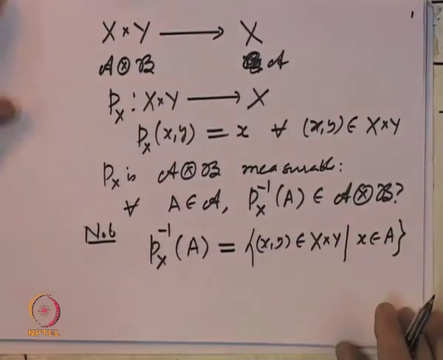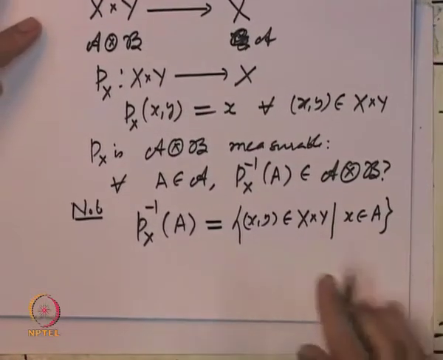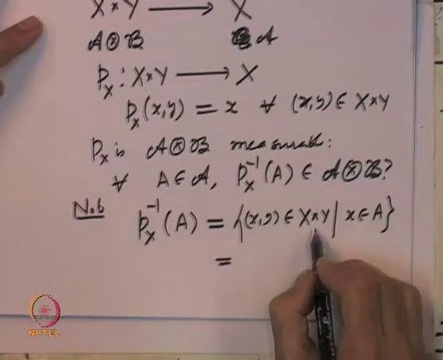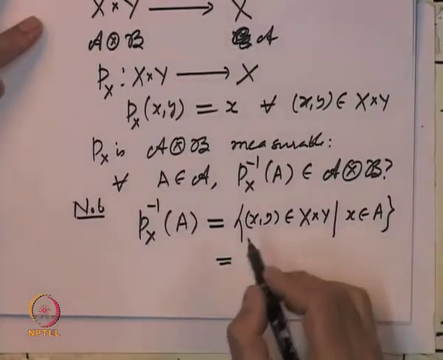So, that is the meaning of the set P_x inverse of A, but that is the same as x belongs to A and y is arbitrary.